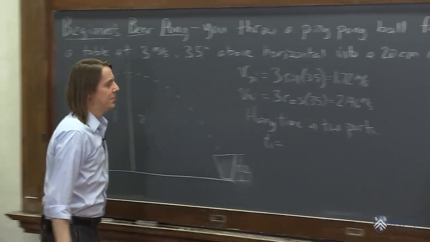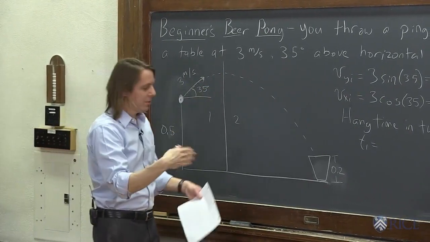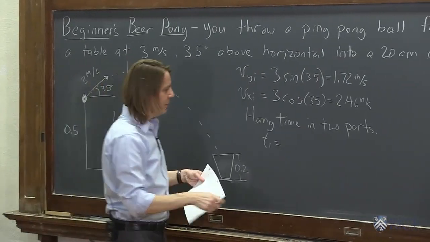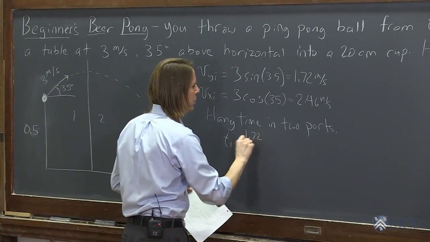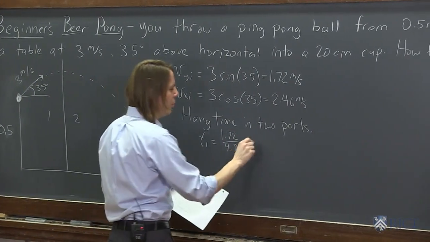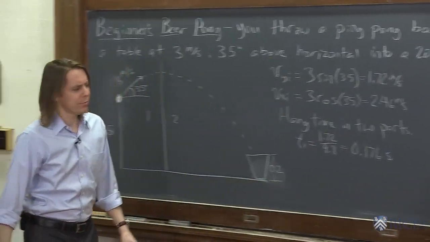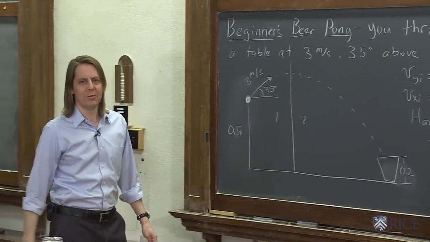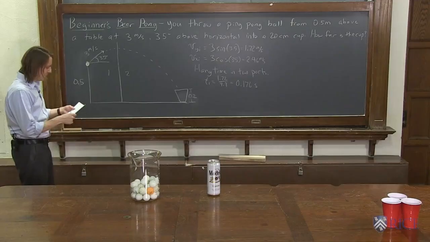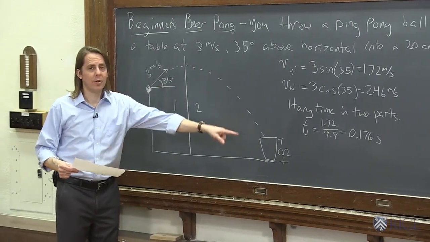T1 is simply this vertical velocity, 1.72, being reduced to 0 by gravity. So it's 1.72 over 9.8, about 0.176 seconds to go up. 3 meters per second might have been a bit of an exaggerated throwing speed for beer pong.